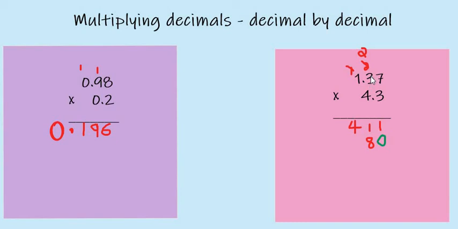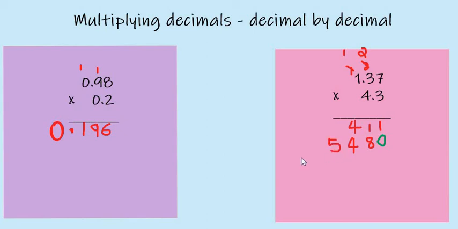4 times 3 gives us what? 12, very good, plus 2, 14. Write our 4 and we carry over our 1. 4 times 1 gives us 4, plus 1 gives us 5. Awesome.